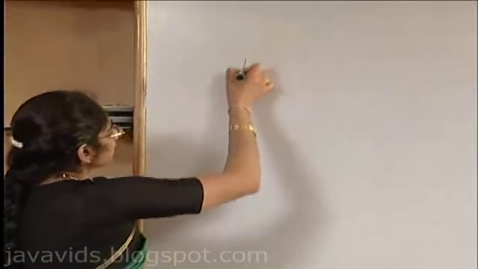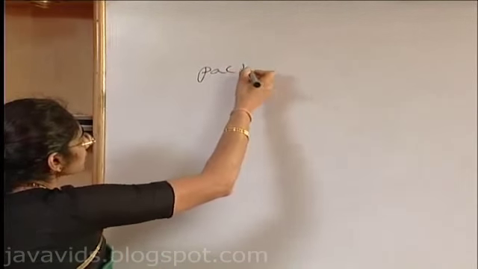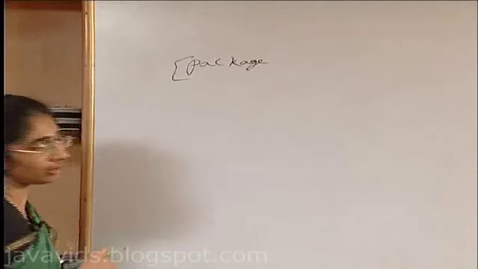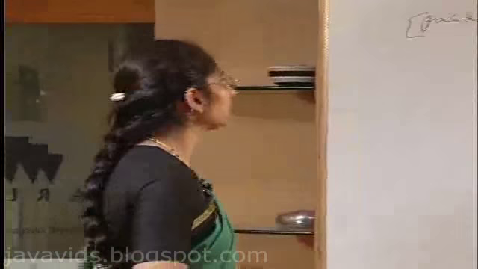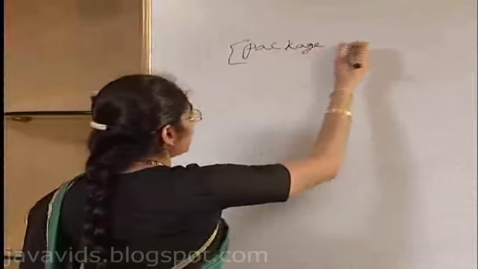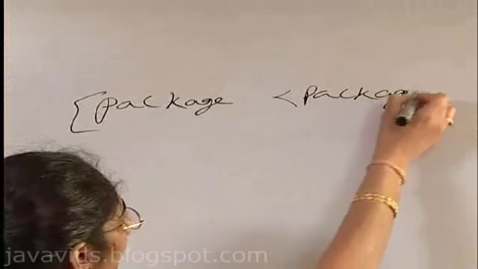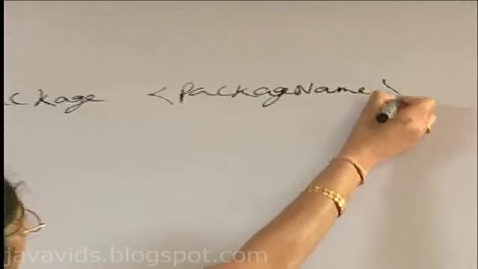Now the structure of the Java file goes like this. You have a package statement. If at all you have a package statement, it should be the very first statement in the Java file. So package followed by the package name. This is an optional statement.